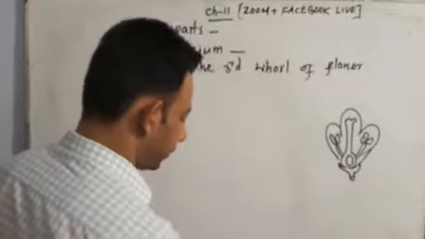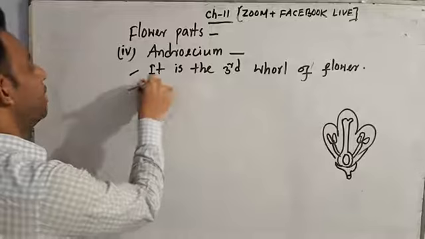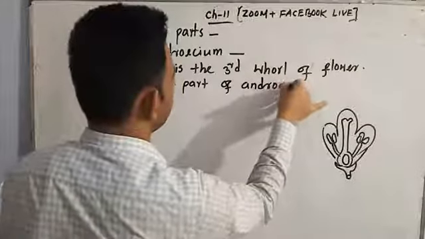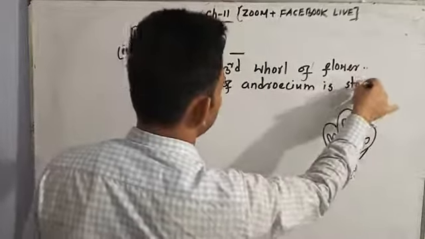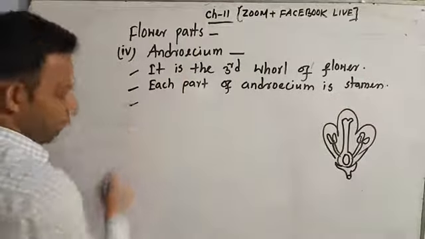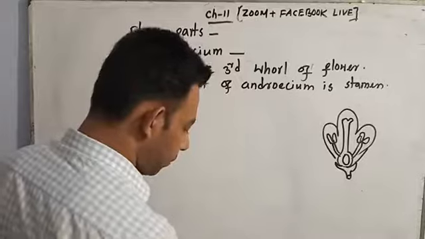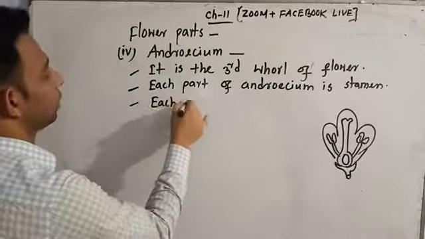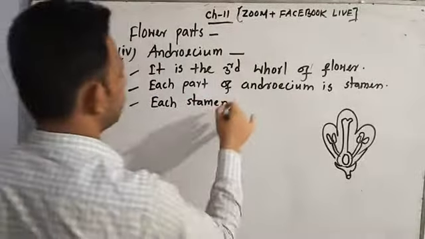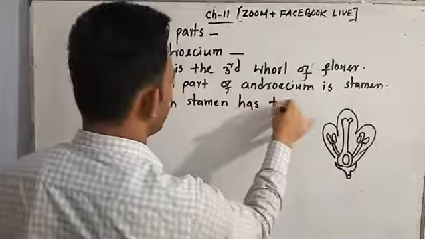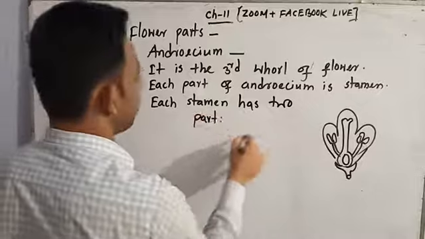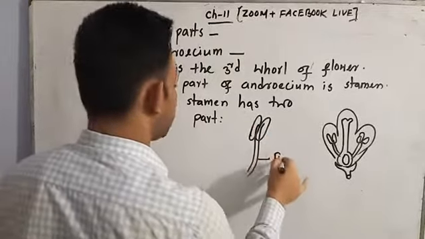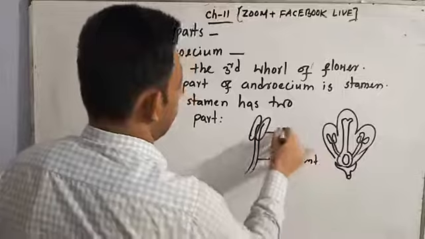Each part of androecium is the stamen. Stamen has two parts, which we can draw here: filament and anther.